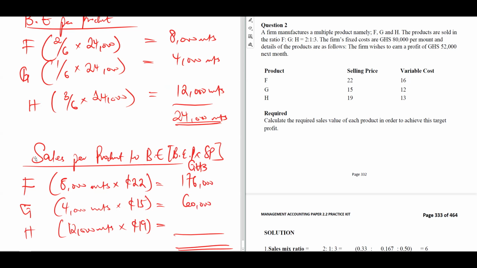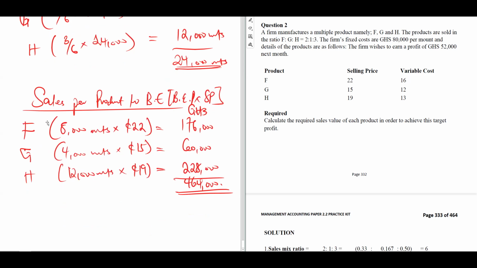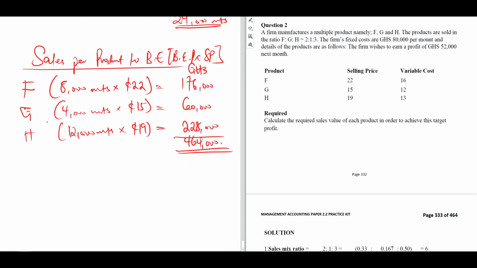You have 12,000 by 19, that's 228,000. 176,000 plus 60,000 plus 228,000 gives us 464,000. So this is the selling price to break even. So the required sales value is equal to 464,000 Ghana cedis.